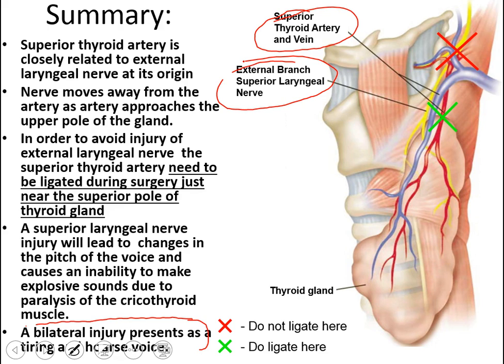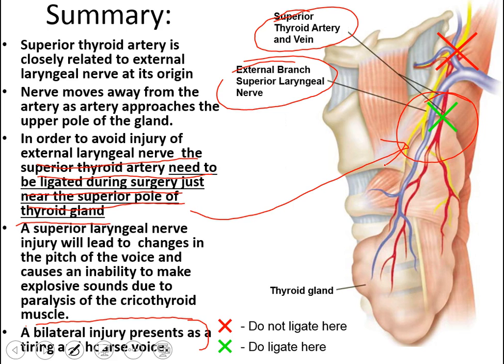In order to avoid injury of the external laryngeal nerve, the superior thyroid artery needs to be ligated during surgery just near the superior pole of the thyroid. A superior laryngeal nerve injury will lead to changes in the pitch of the voice and cause inability to make explosive sound due to paralysis of the cricothyroid muscle, as I said before.